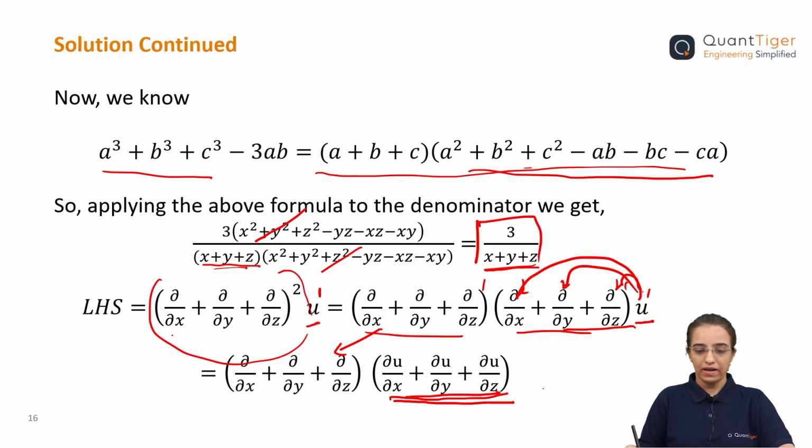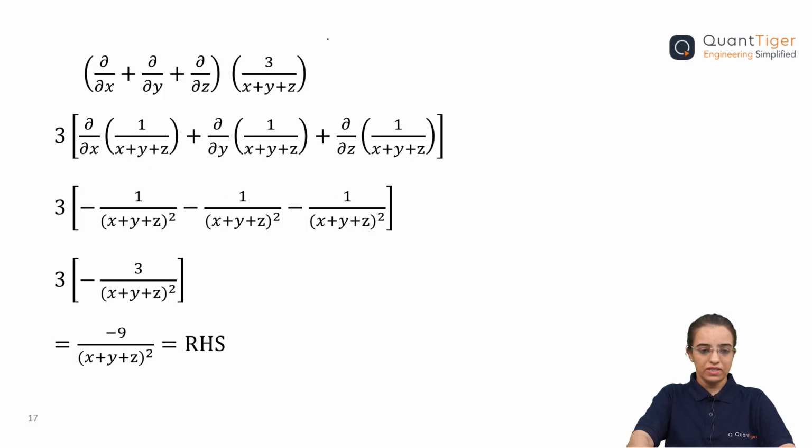This whole bracket, this value we already found here. So we can directly substitute this value over here so that we can simplify it further. For the second bracket I have kept 3 upon x plus y plus z. So this would be my next step.